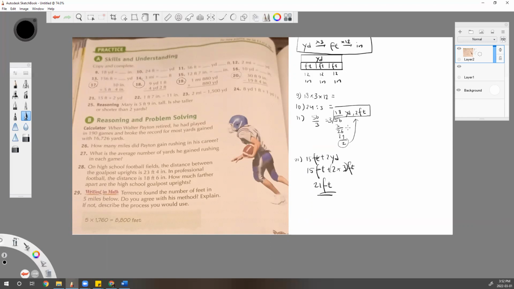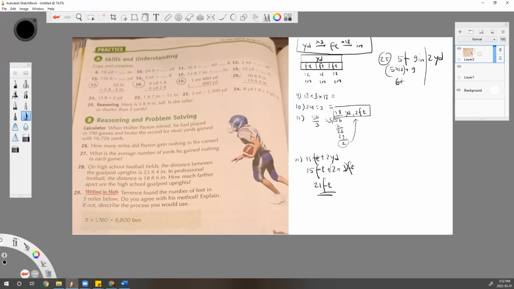Okay, and next, let's go to the next part. 25, reasoning. Mary is 5 feet 9 inch. Is she taller than or shorter than 2 yards? So you compare with 2 yards. Everything is supposed to be changed into the smaller unit, inch. 5 feet 9 inch, so 5 times 12 plus 9, right?